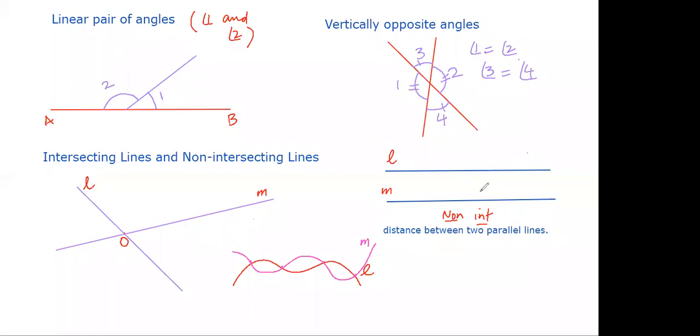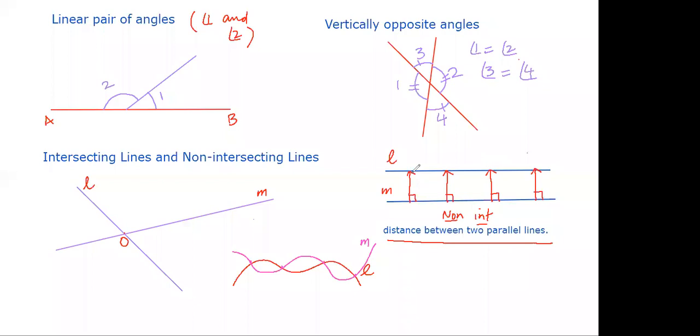There is no common point of intersection, and hence we can also see that the perpendicular distance between these lines is always same. The perpendicular distance between the lines is always same, and this perpendicular distance can be referred to as distance between two parallel lines.